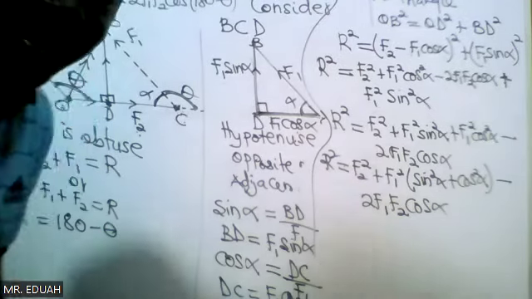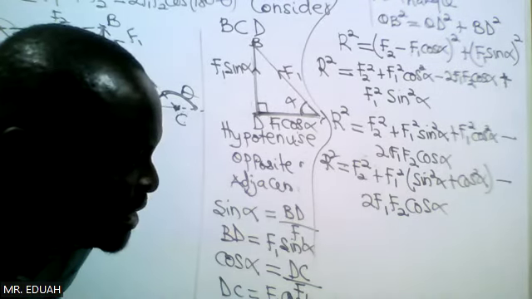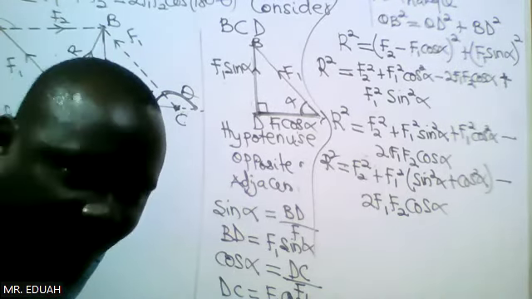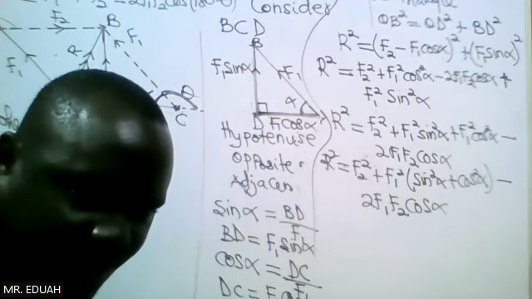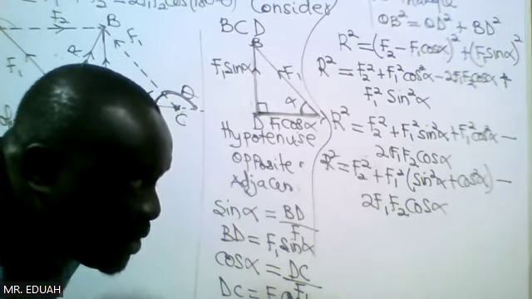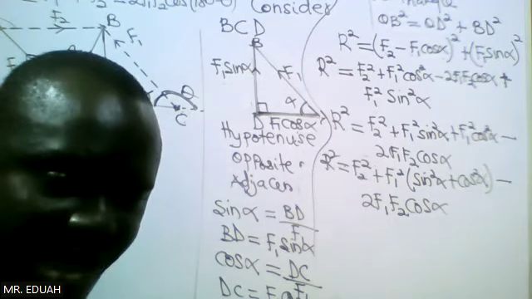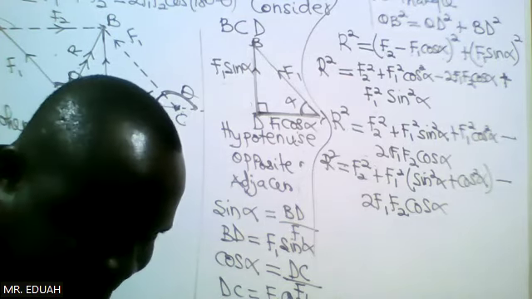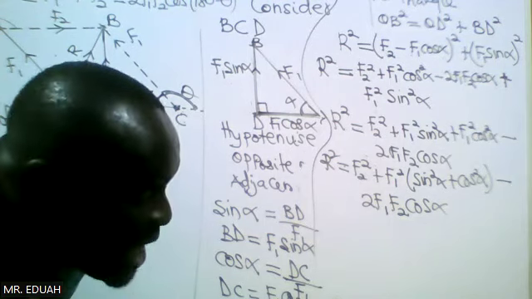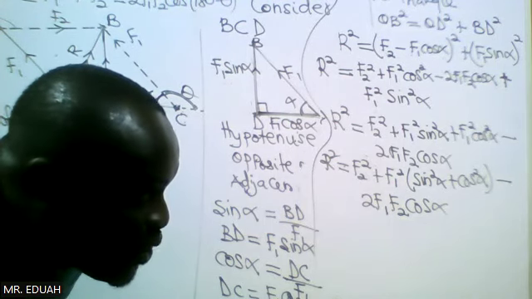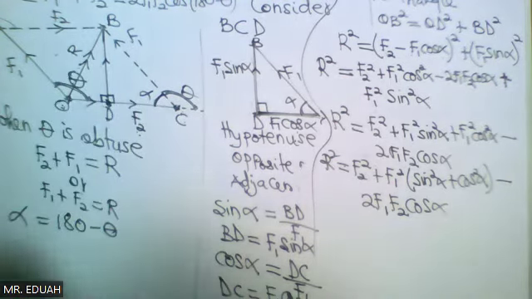Now in math, sine squared alpha or theta, any angle, if you square sine plus the square of cosine is always equal to 1. So sine squared alpha plus cos squared alpha is equal to 1.